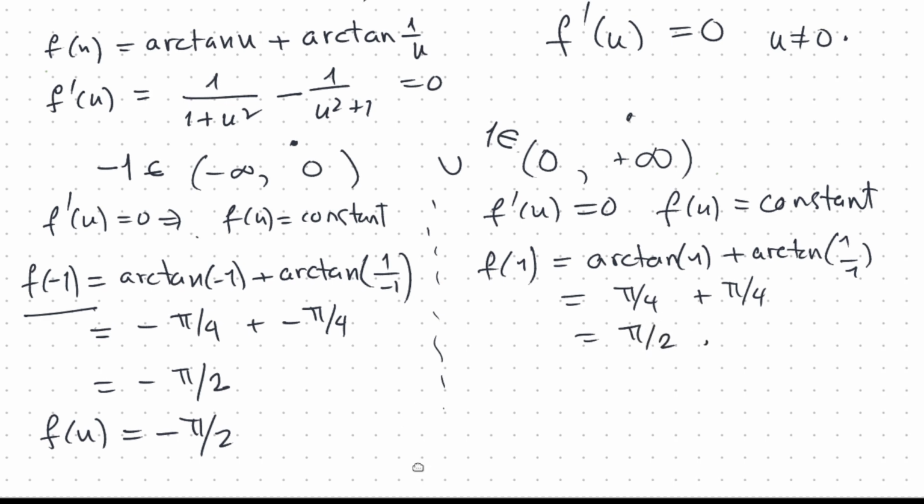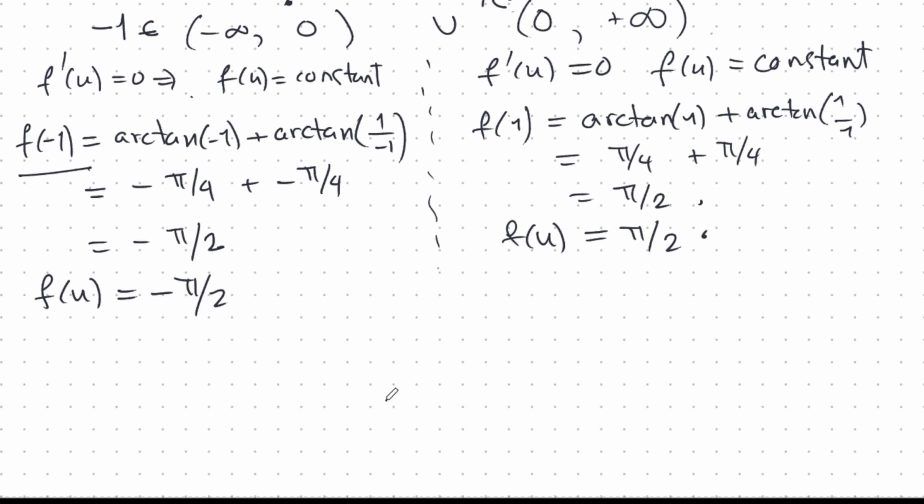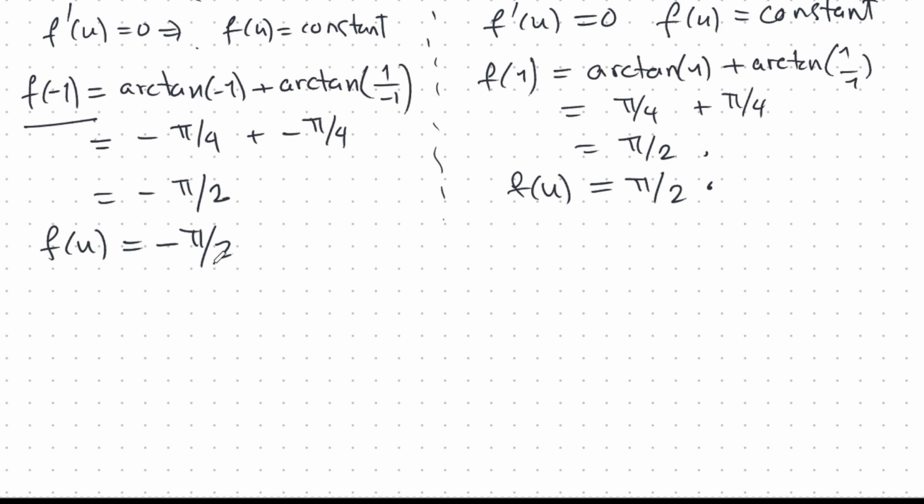Very nice. It works. So f of u is the same for any value of u in that interval. Okay, and that's beautiful. And now I can actually draw f of u, so I can sketch it.